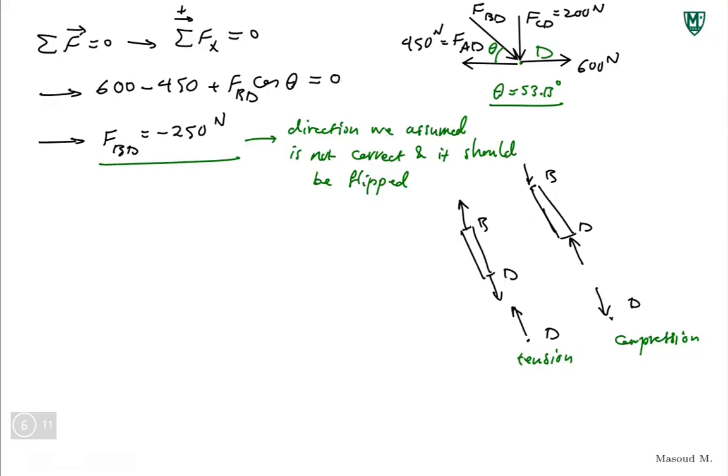This is something that you have to practice and keep practicing, thinking about the member, it's under tension or compression, flip that force and put it on the joint. Now, if the joint has that specific direction, the force, and you have the force on that specific direction, go in the opposite direction. Flip the force, put it on the member, and see if the member is under tension or compression.